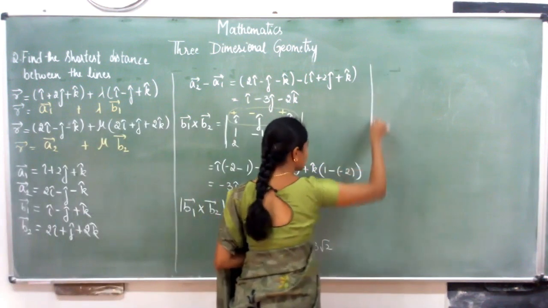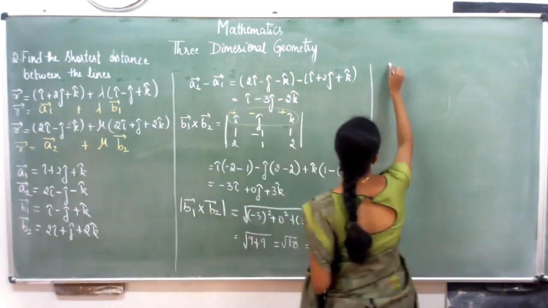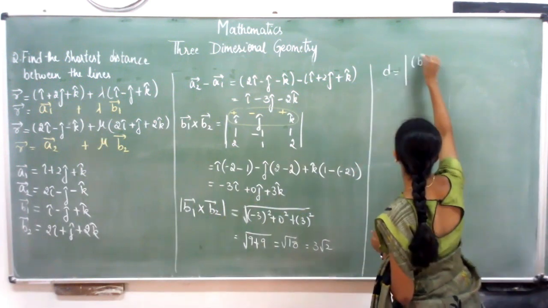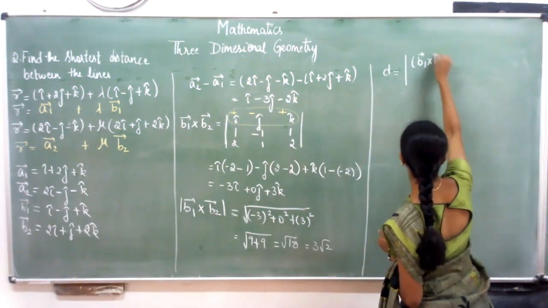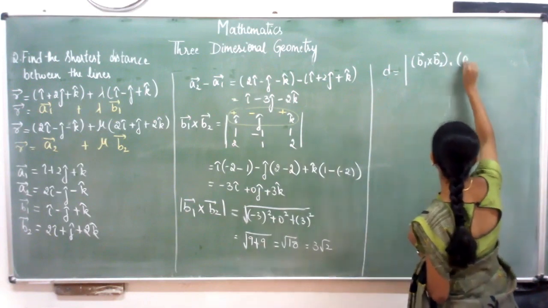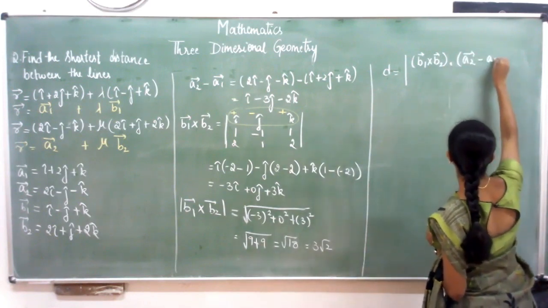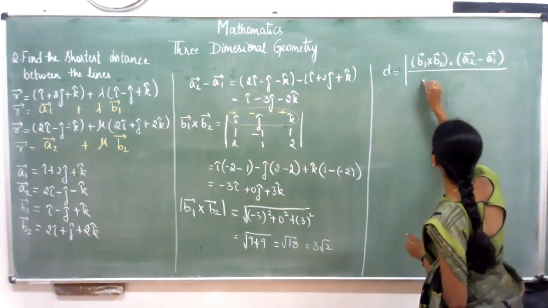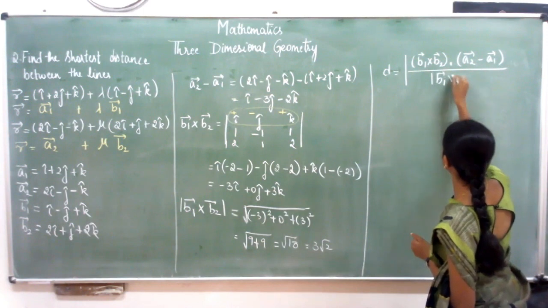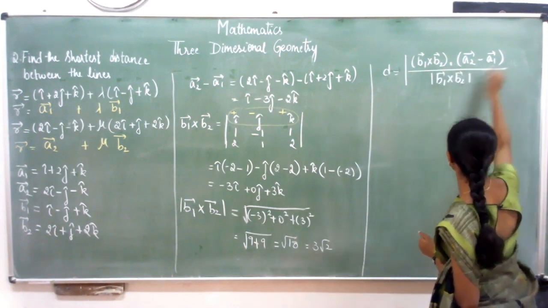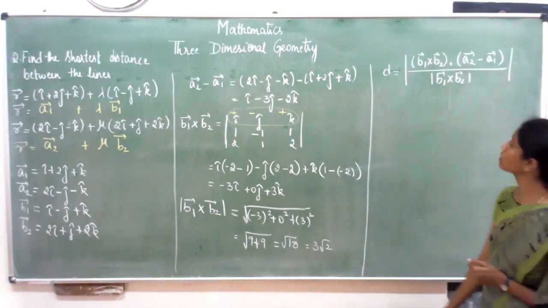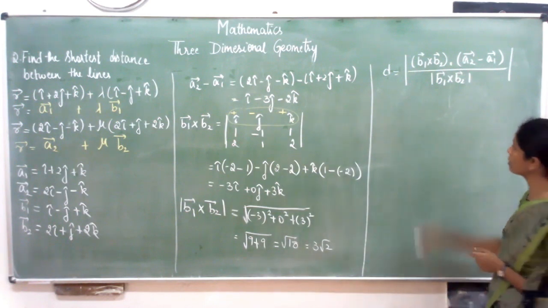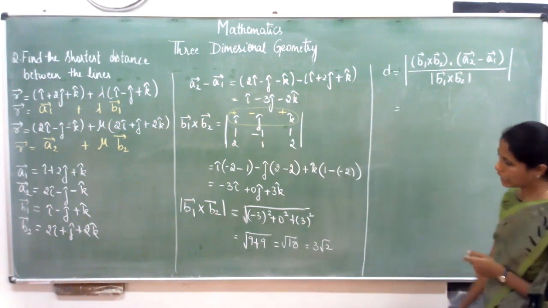Next, substituting all these values in the formula. The formula is given by distance d is equal to the modulus of vector b1 cross vector b2 dot vector a2 minus vector a1, whole divided by the magnitude of vector b1 cross vector b2.